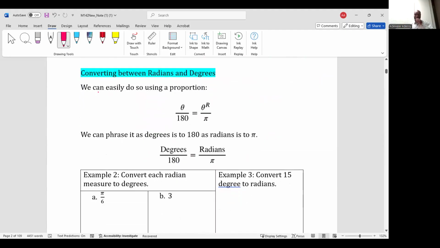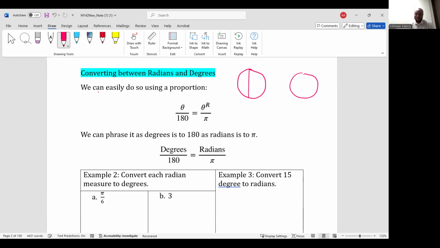Now let us talk about how to convert between radians and degrees. Since we talked about radian angles being very, very useful to mathematicians, we should be able to convert between the two, from radians to degrees and from degrees to radians. So in that sense, let us use proportion. Look at something like this. This is a circle, this is a circle.